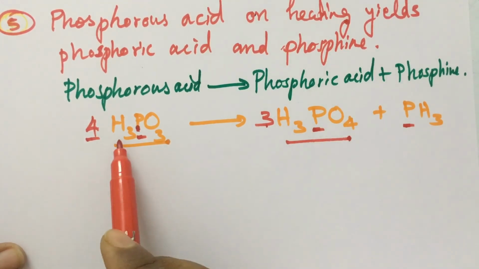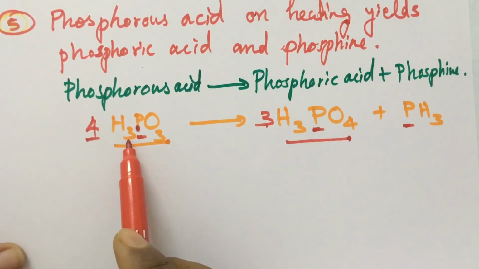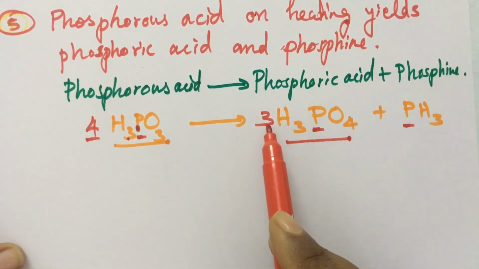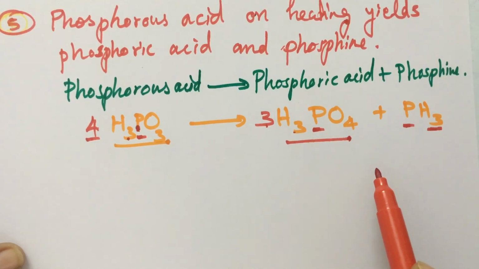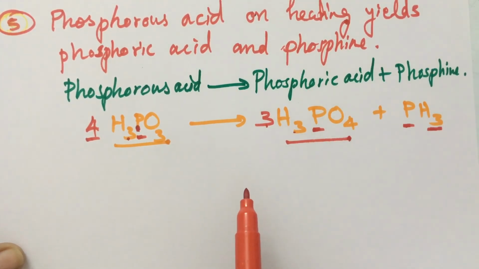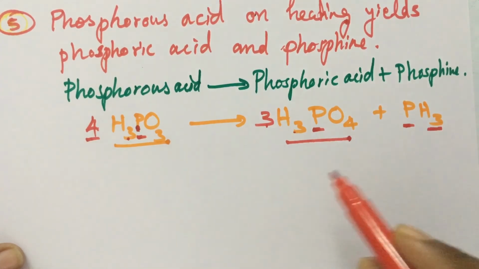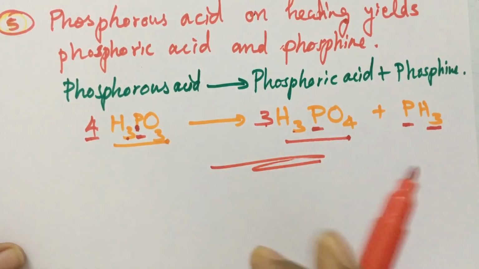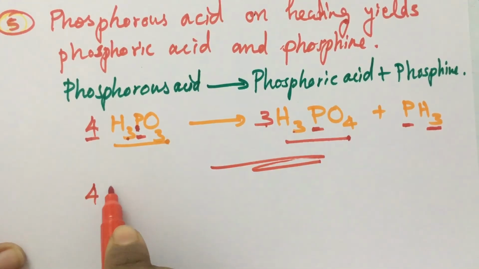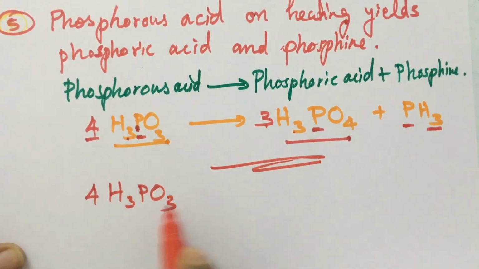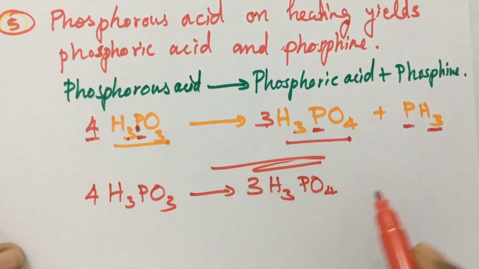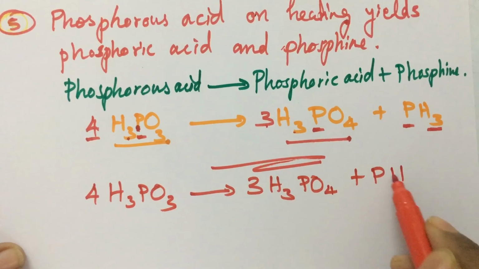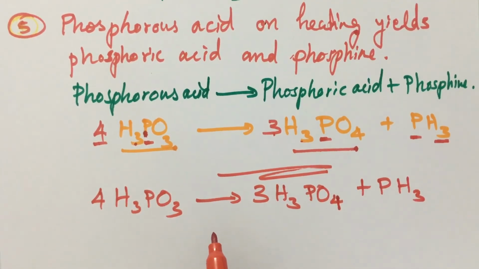And hydrogen is also balanced: 3 4s are 12, and here 3 3s are 9, and 3 plus 3 we have 12, isn't it? So now the number of atoms of each element is equal on both sides. The equation is balanced, so now nothing to do, just write down the equation: 4H3PO3 gives 3H3PO4 plus PH3.